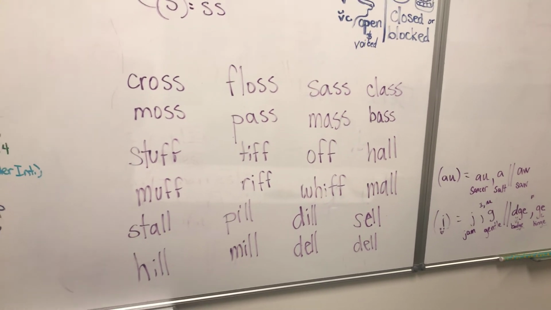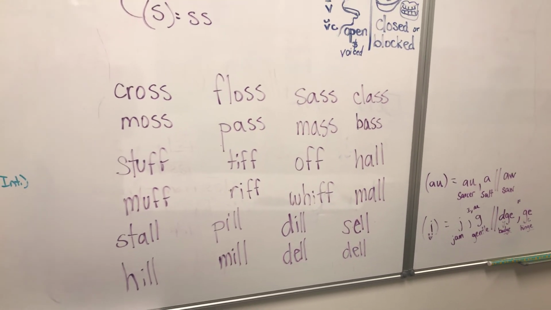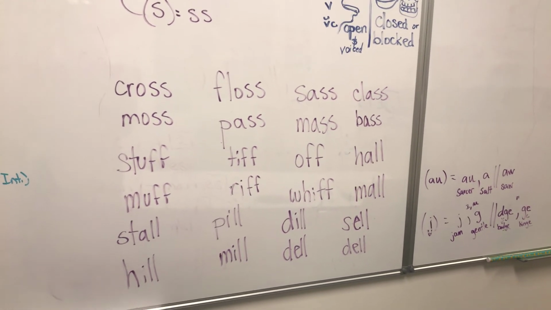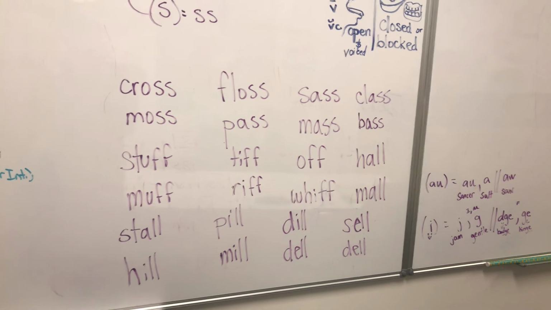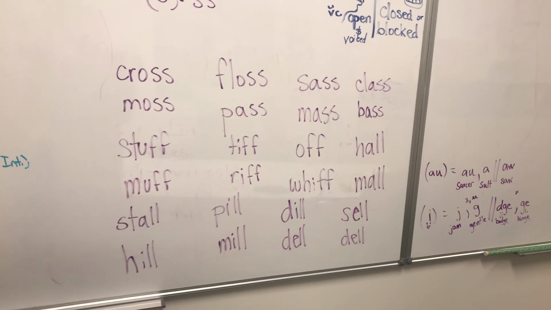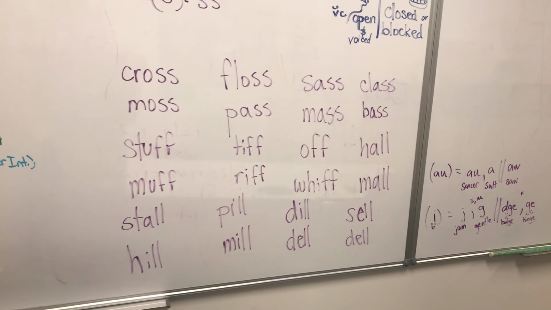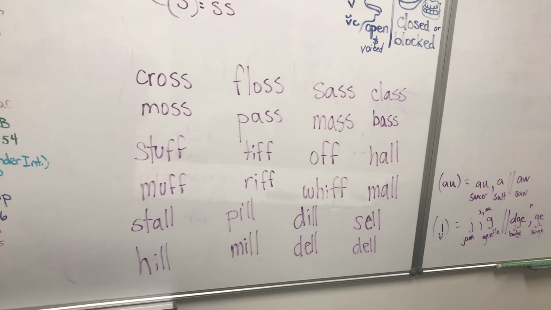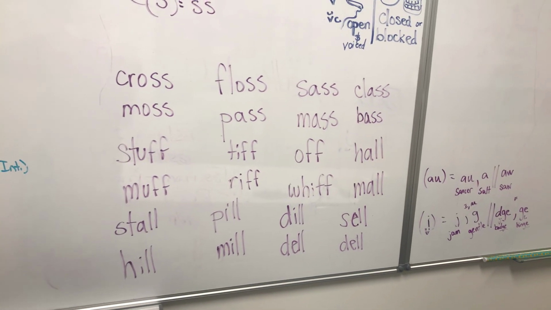All right, now I talked briefly about the A sound before the L sound. Notice in your mouth when you say words like hall, mall, when you say the ul sound and you really stretch out that word, mall, you can hear the A saying ah.